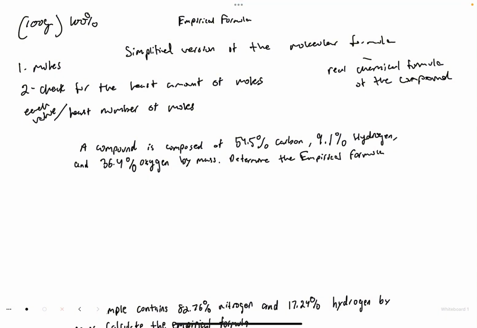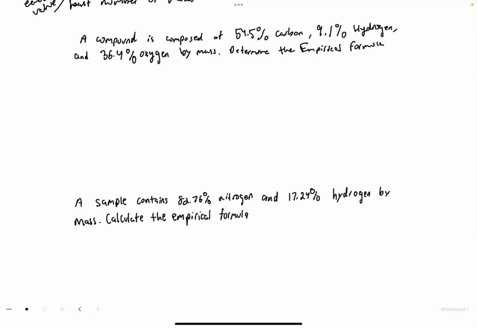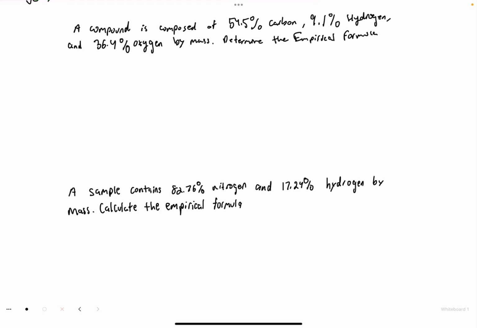So let's start by going through this first example. A compound is composed of 54.5% carbon, 9.1% hydrogen, and 36.4% oxygen by mass. Determine the empirical formula.